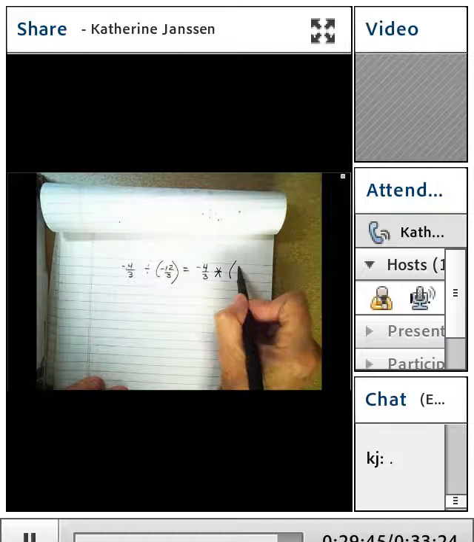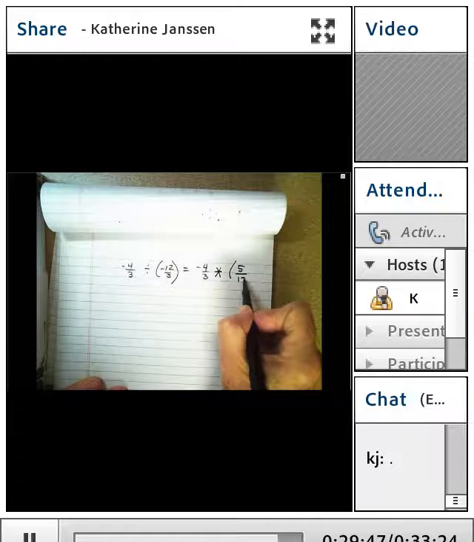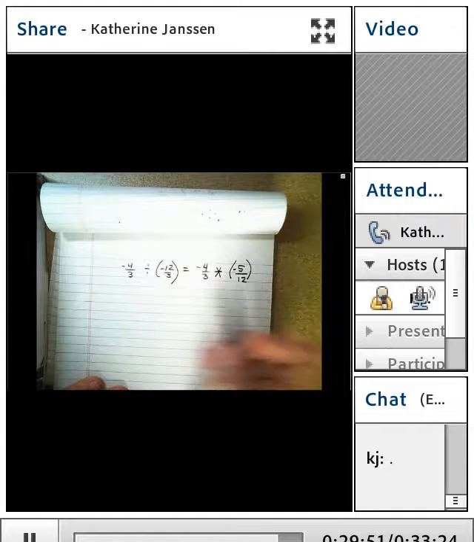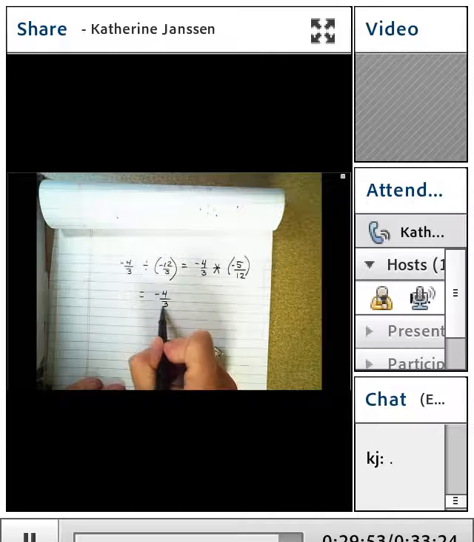And the reciprocal is flip it, but keep the sign. So now I have -4/3 times -5/12.